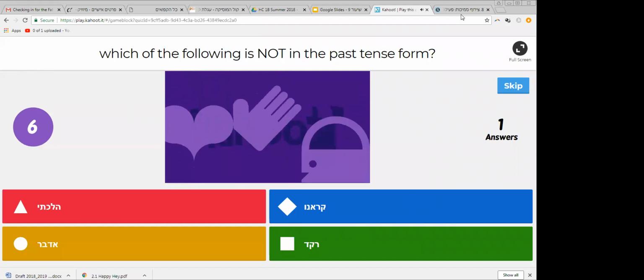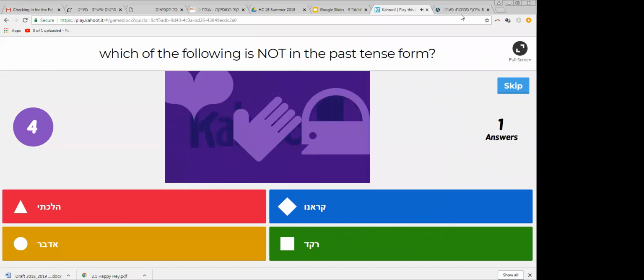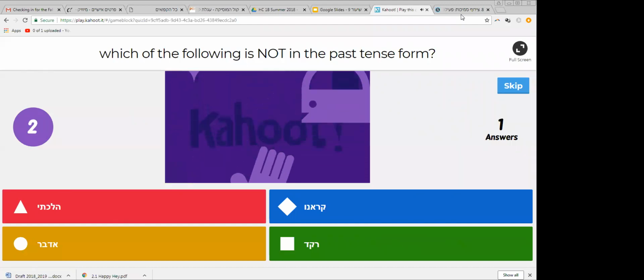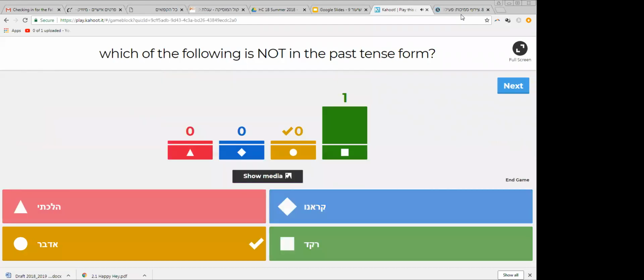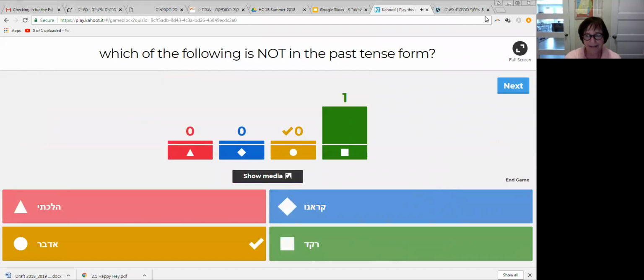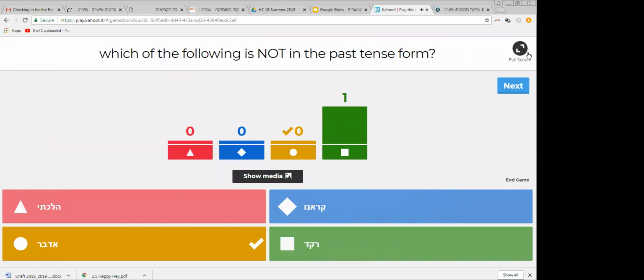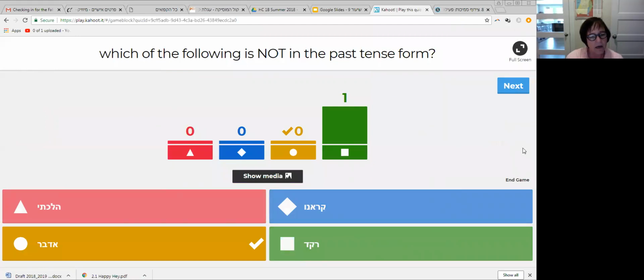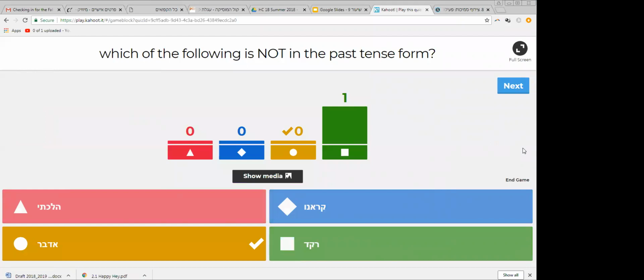Oh, there we go, it just showed. Hold on, I just lost the screen again. Wait. Ada bear. Ada bear is future tense. Yes, Sherry? Okay, hold on. Is it not working for you? It keeps changing, so now it's back.